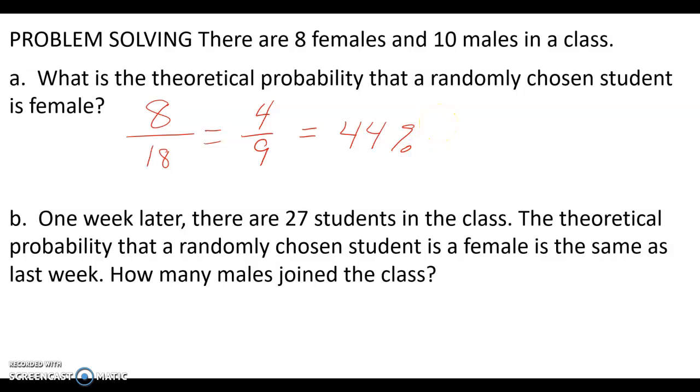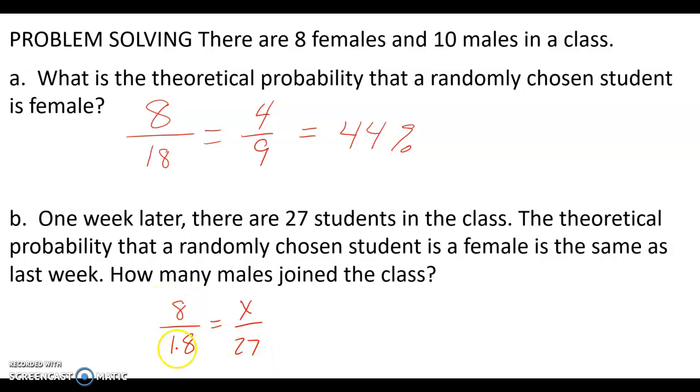Now it says 1 week later, there are 27 students in the class. The theoretical probability that a randomly chosen student is female is the same as last week. So how many males joined the class? So if we know that there were 8 out of 18, we can figure out how many then would that be out of 27. So this would give us the number of females.